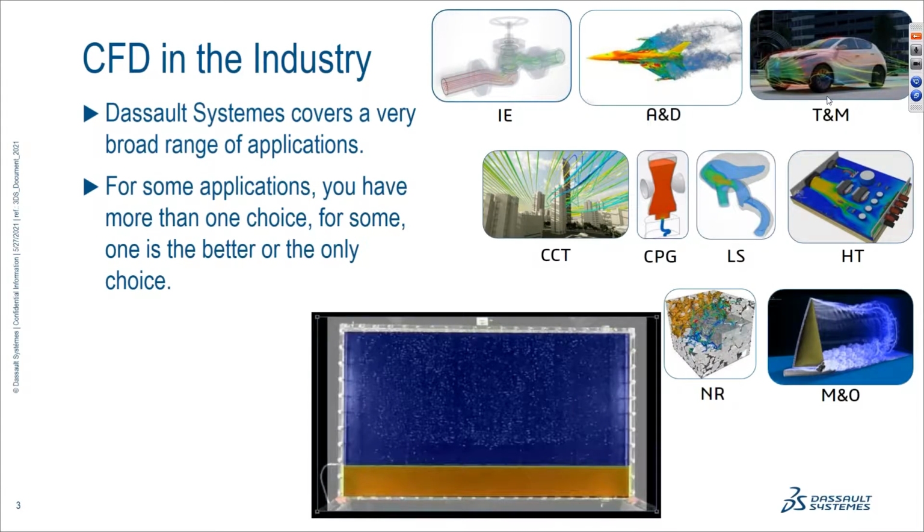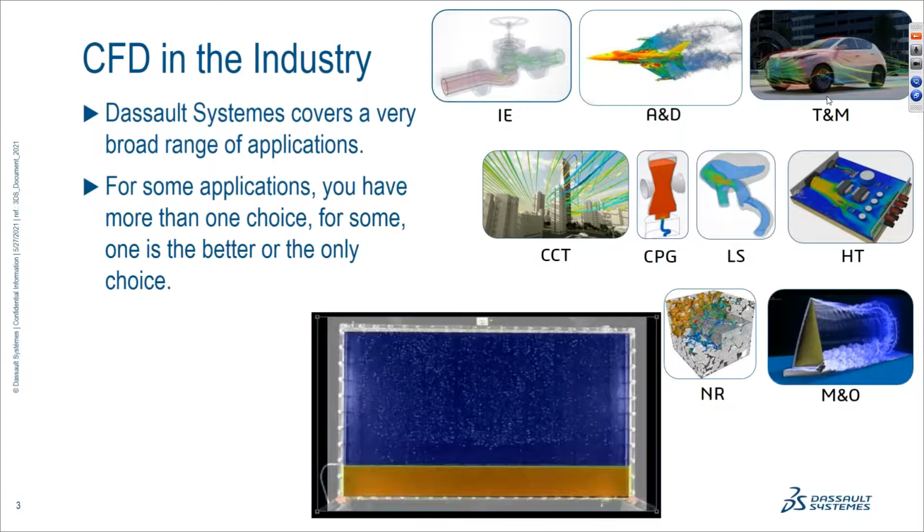So, obviously, CFD is being used in practically every industry, from industrial equipment, aerospace, automotive, and consumer products, life sciences, high tech, and then some others. As you will see, Dassault Systems covers many different applications falling in these different industries.